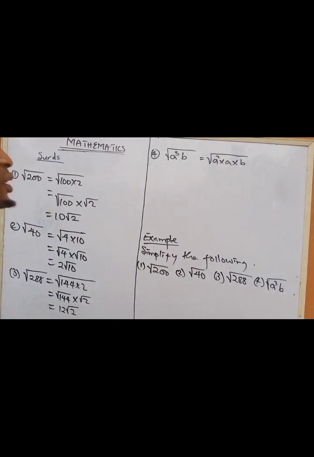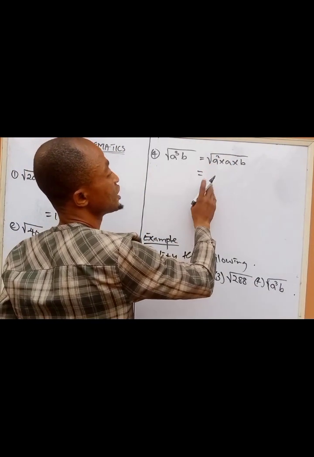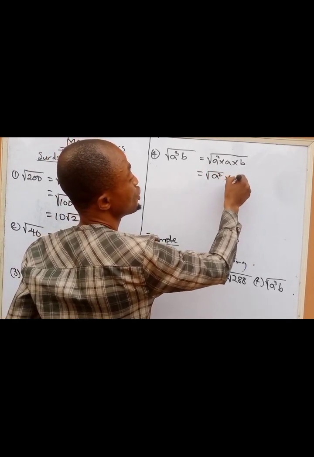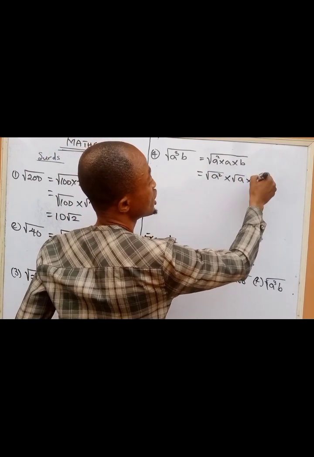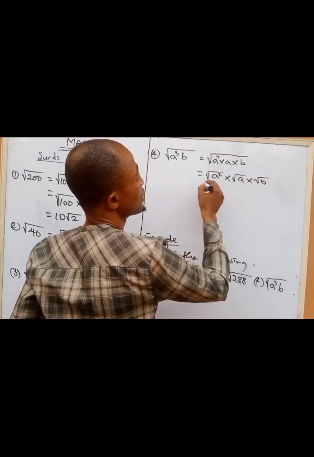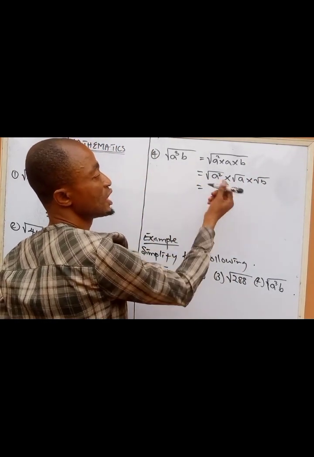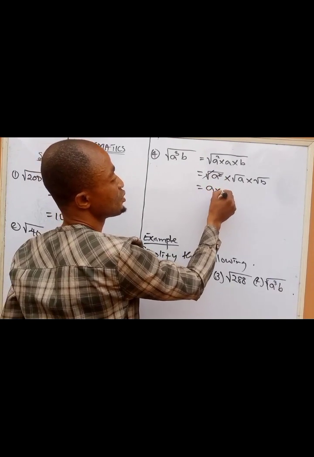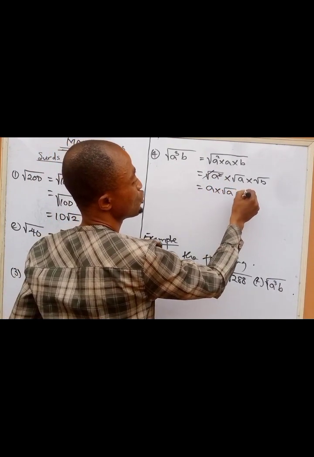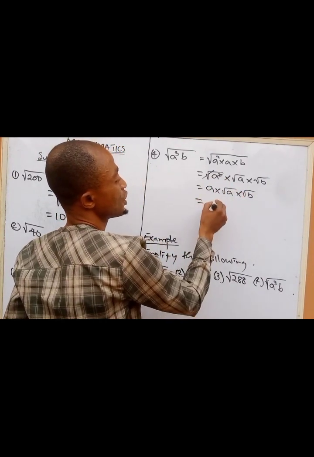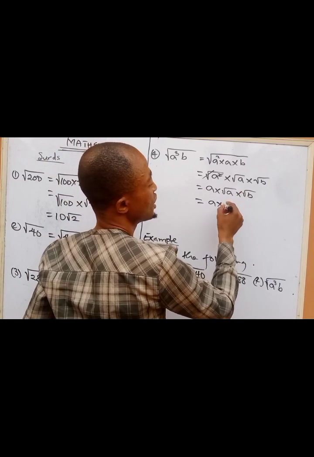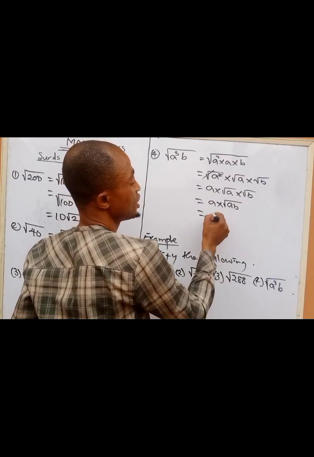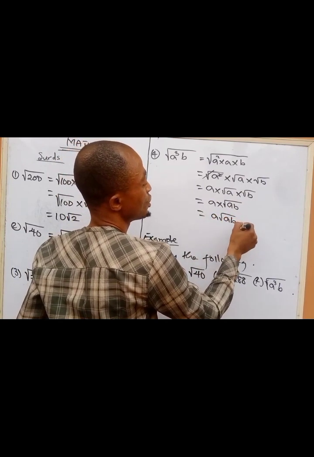You can break it down like this, which can further be written as root of a squared times root a, then times root b, which is equal to square root of a squared. That will be a. That is, the square can cancel the square root, so we have a. Then times root a times root b. So the final answer will be a root of a b.